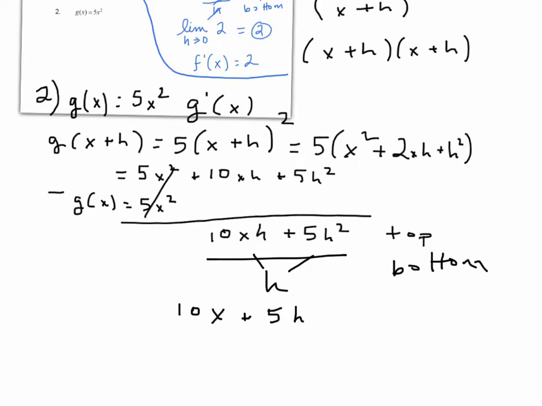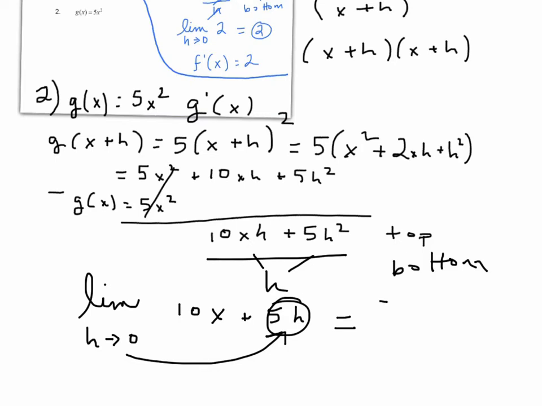All right, now what we need to do is take the limit as h approaches 0. Well, the limit as h approaches 0 for this function, we can simply plug in a 0 for h. That piece is going to go away, so our derivative, g prime of x, is going to be equal to 10x.